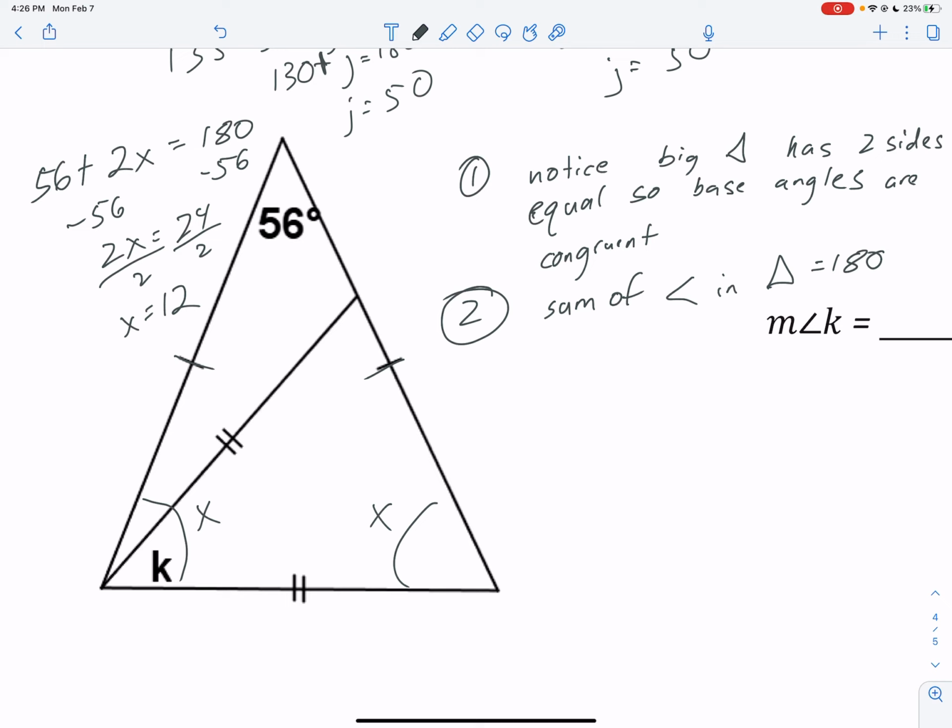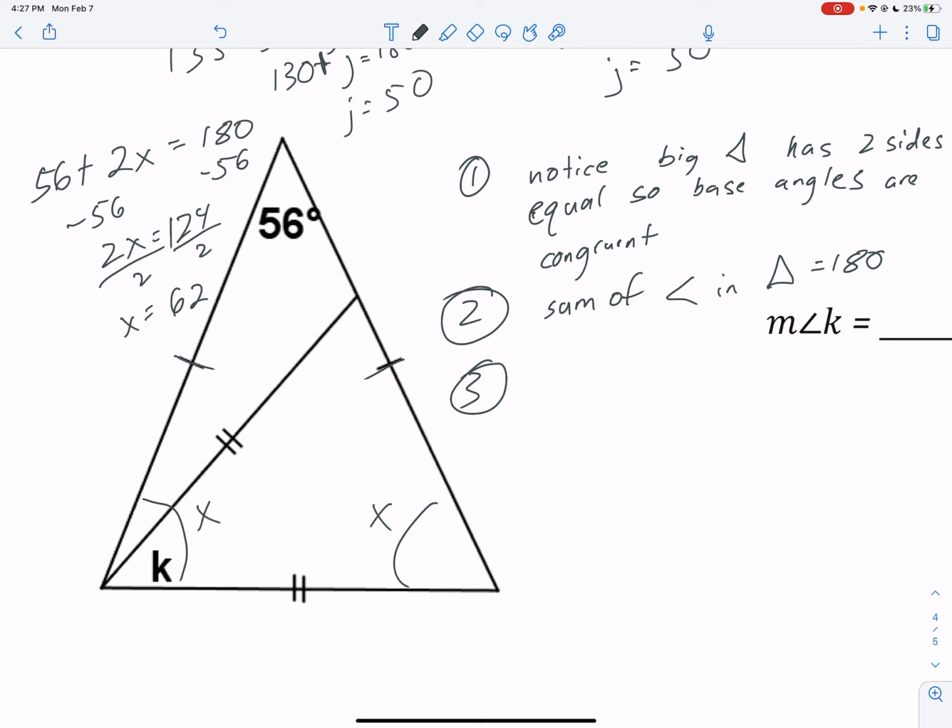That should be 124, by the way, so it should be equal to 62, actually, not 12. Watch out now.